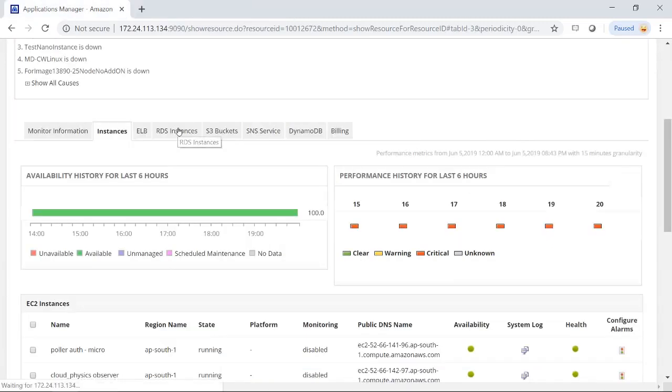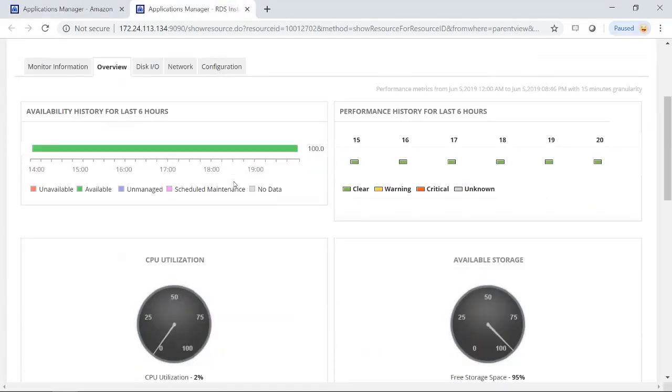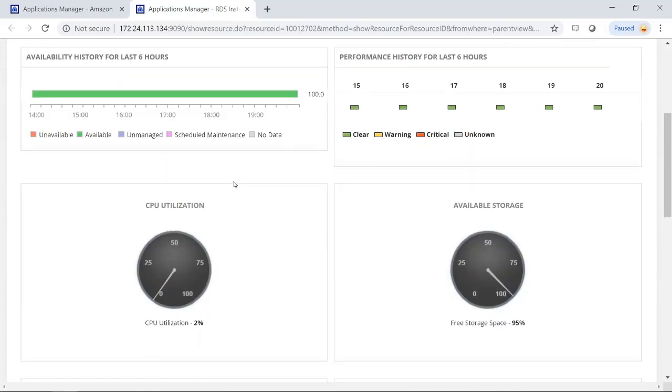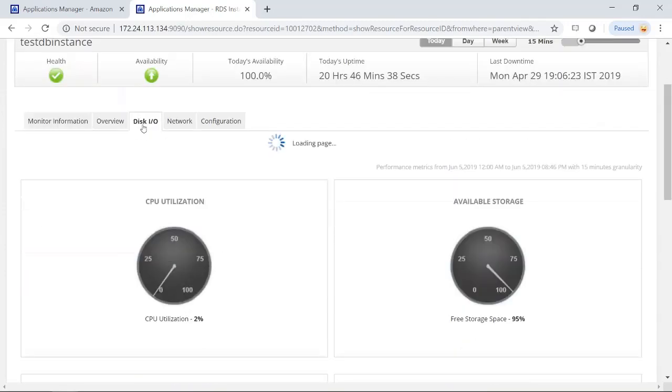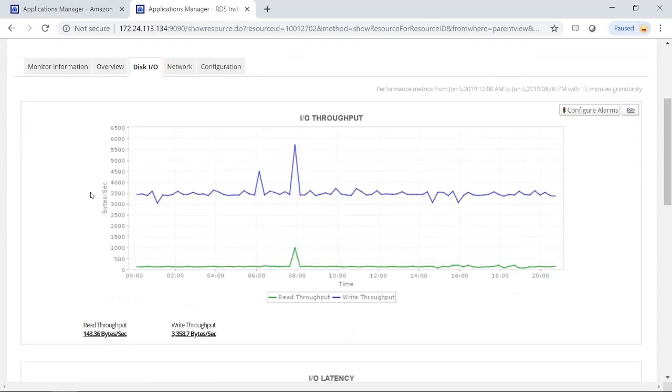Now let us discuss the other instances as well. This is the RDS, which is the relational database. Since this is a database, we monitor the CPU utilization as well as the storage. Moving further, we have more information for the input-output operations. There might be various queries running or various requests being sent to a specific operation to be performed in the database.